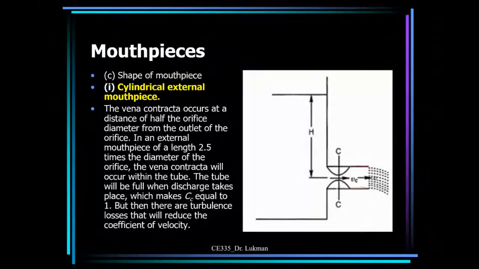It is full because after the contraction, the water is touching the sides of the mouthpiece, which makes Cc equal to 1. So the coefficient of contraction here is equal to 1 because we measure the area of contraction at the end, which is equal to the area of the orifice.